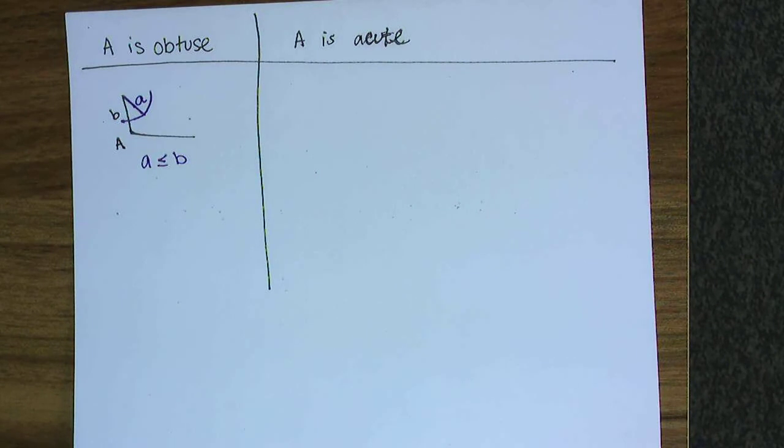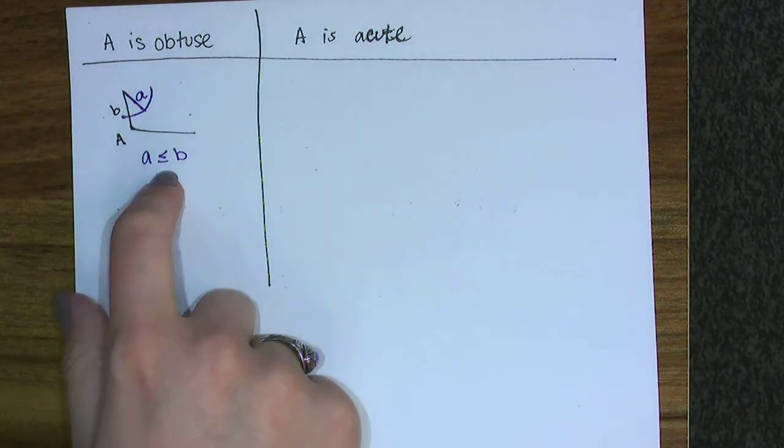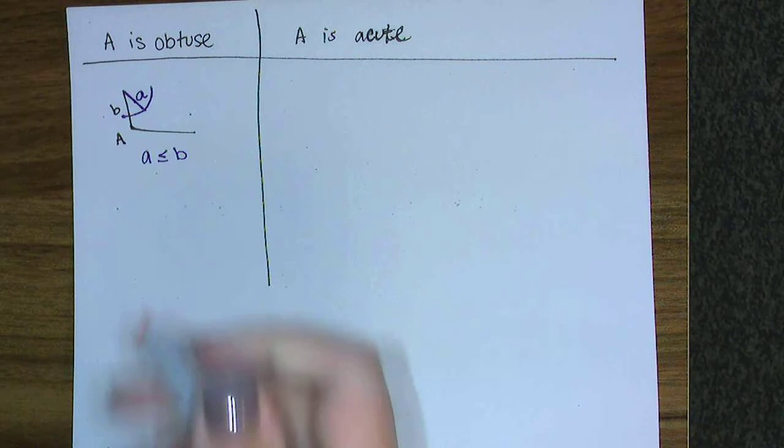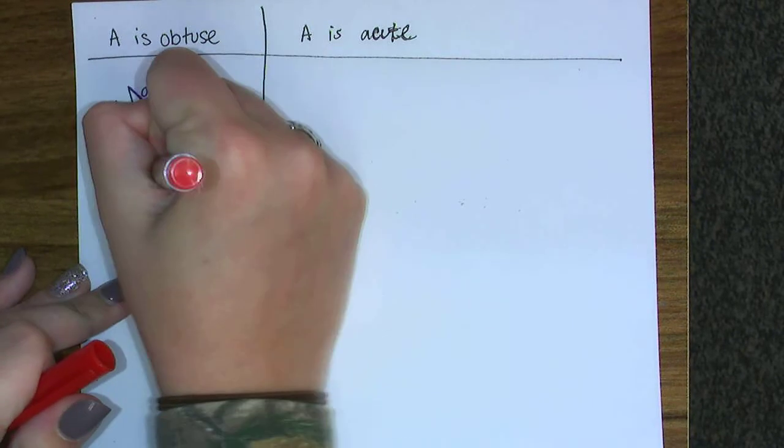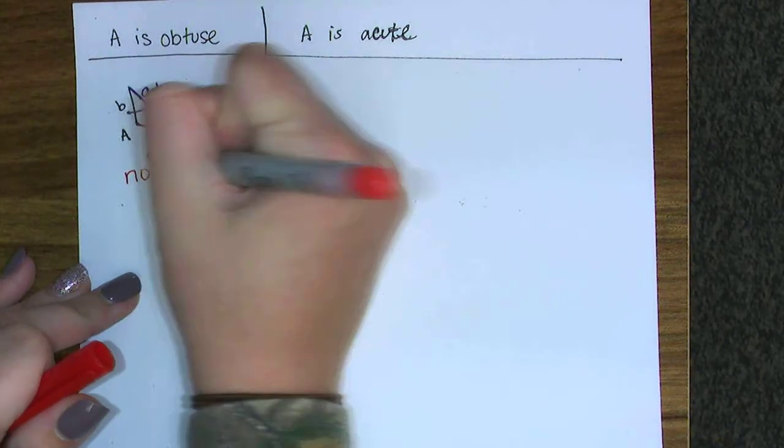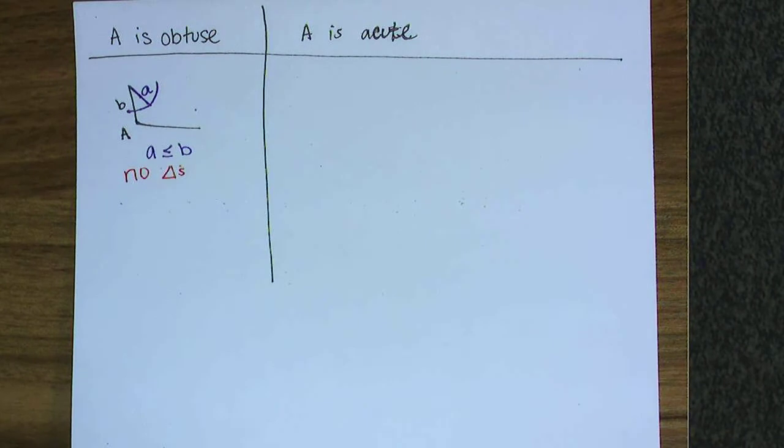But with this, if A is less than or equal to B, there are no triangles. Okay, no triangle is formed. So you would just state A is obtuse, A is less than or equal to B, meaning there's no triangle. And that's all you'd be required to say for that problem.